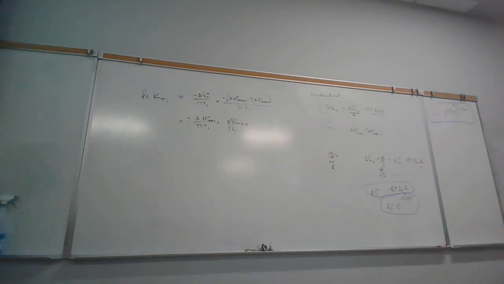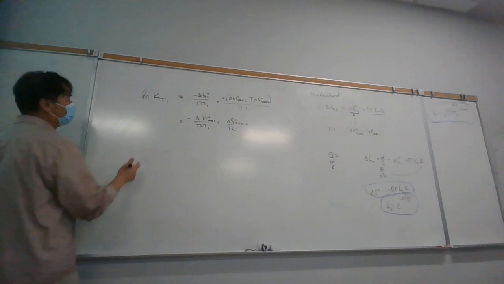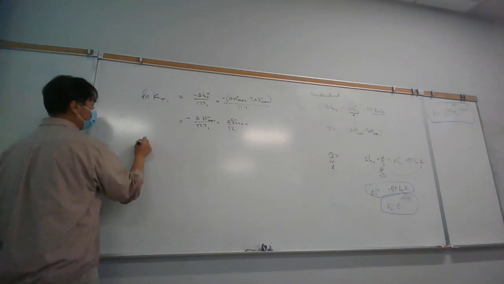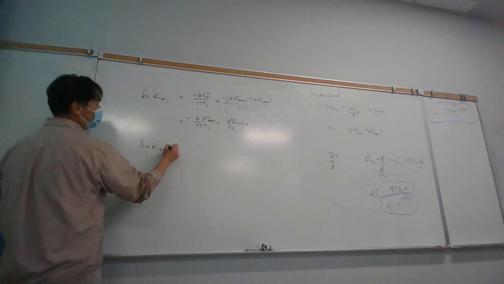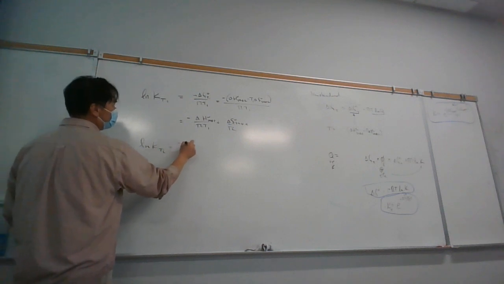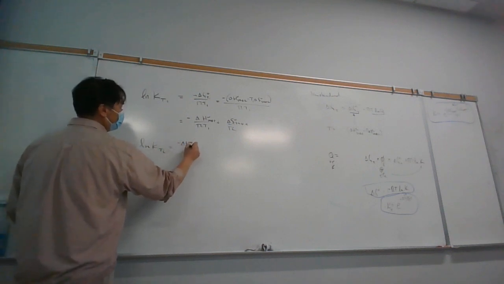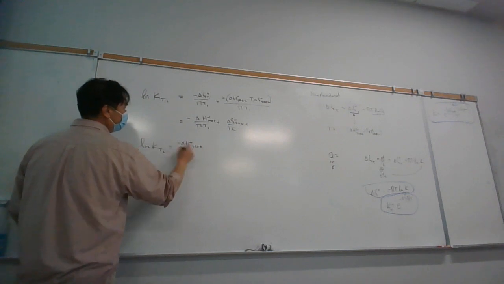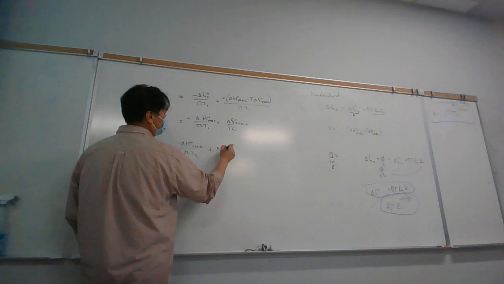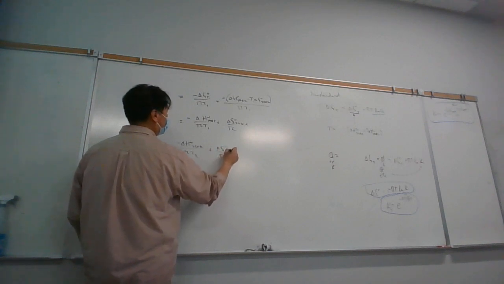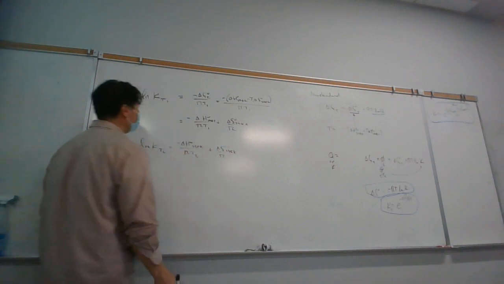All right, then we'll do the same thing with ln K at T2. ln K at T2 is going to equal minus delta H naught at 298 Kelvin over RT2 plus delta S naught over R at 298.